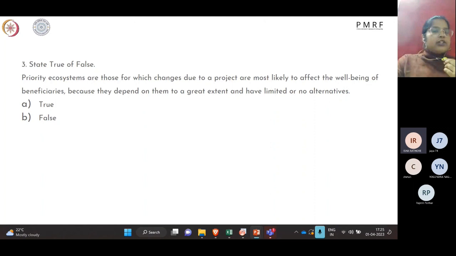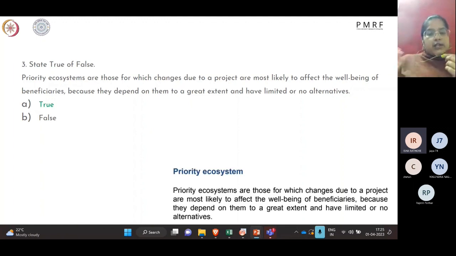So priority ecosystems are basically ecosystem services, which are okay. Yes, so we have an answer A. So A is the correct answer. So these are basically ecosystems which are directly affected to a greater extent, such that the livelihoods or the economic dependency of the people or community or stakeholders is affected, and they have no other alternatives but to move or migrate from these ecosystems or to leave these ecosystems.